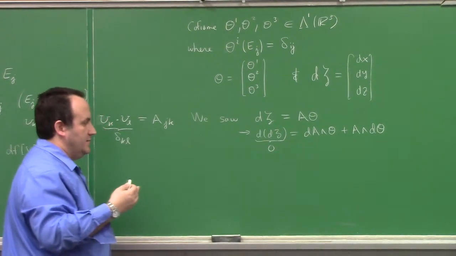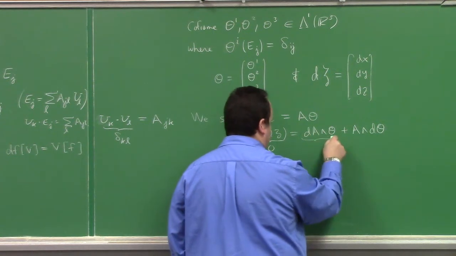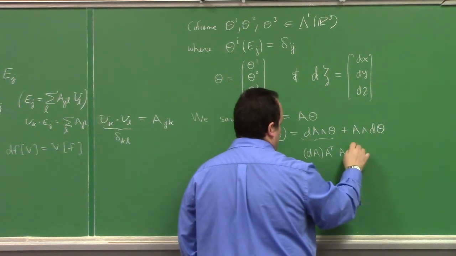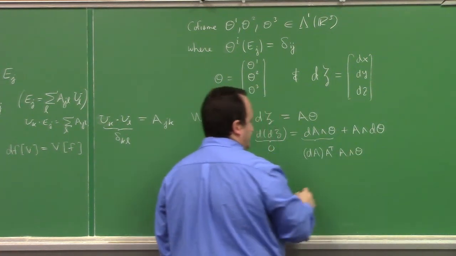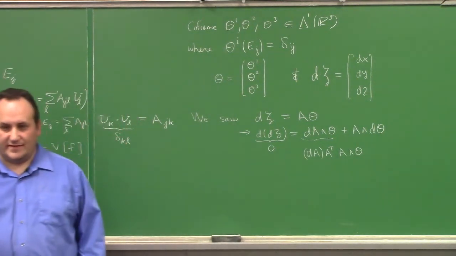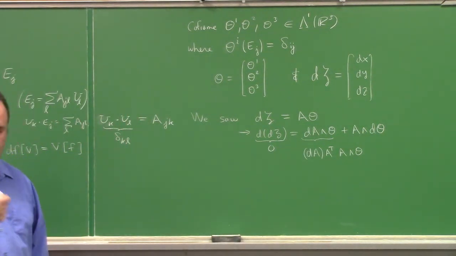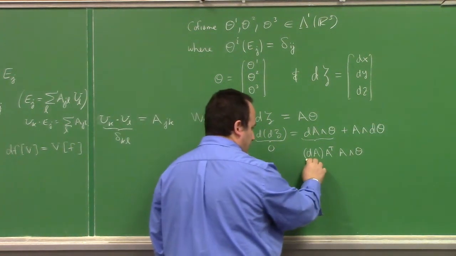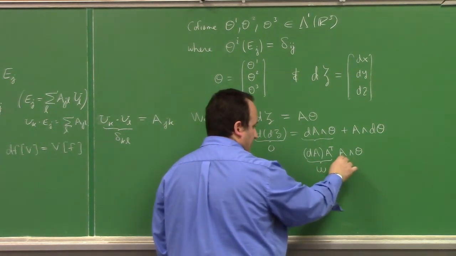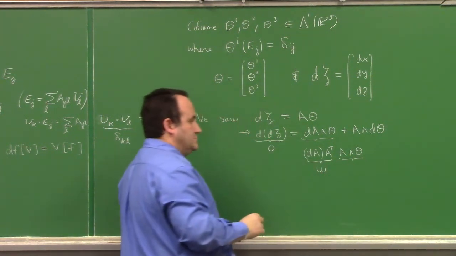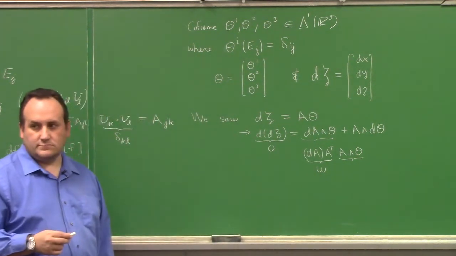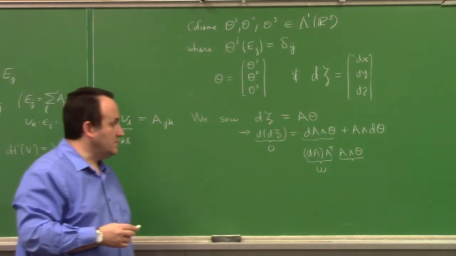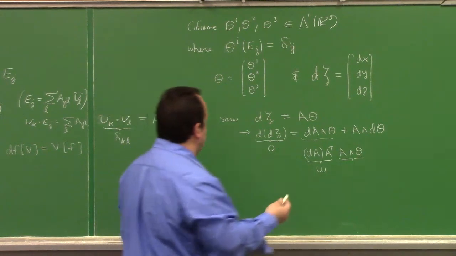I do know that I can take this here and rewrite it as dA, A transpose A, wedge theta, because A transpose A is the identity matrix. So we can put in the identity matrix and not change the expression. If you do that, then what's this piece? Well, this piece is omega. And what's this piece over here? Yeah, theta, exactly.